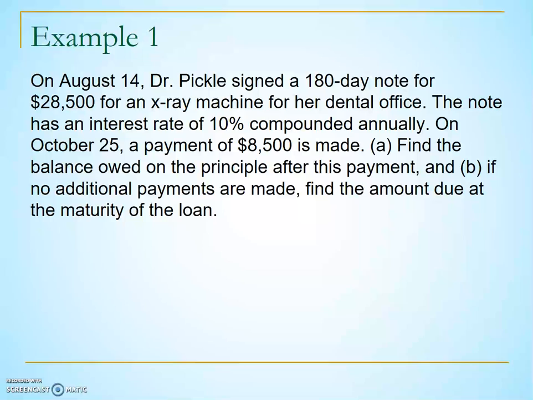The note has an interest rate of 10% compounded annually. On October 25th, a payment of $8,500 is made. Find the balance owed on the principal after this payment, and if no additional payments are made, find the amount due at the maturity of the loan.